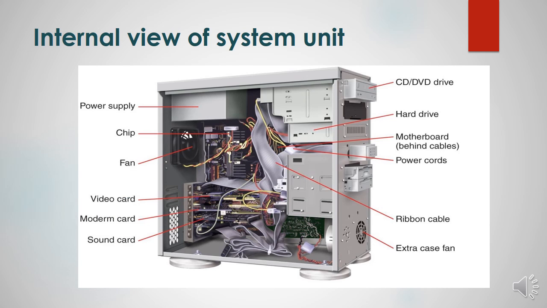Here is the internal view of a system unit. Here in this box there is a power supply. Here you can see the fan. Different cards are placed here, and there are also different cables. CD/DVD drive.